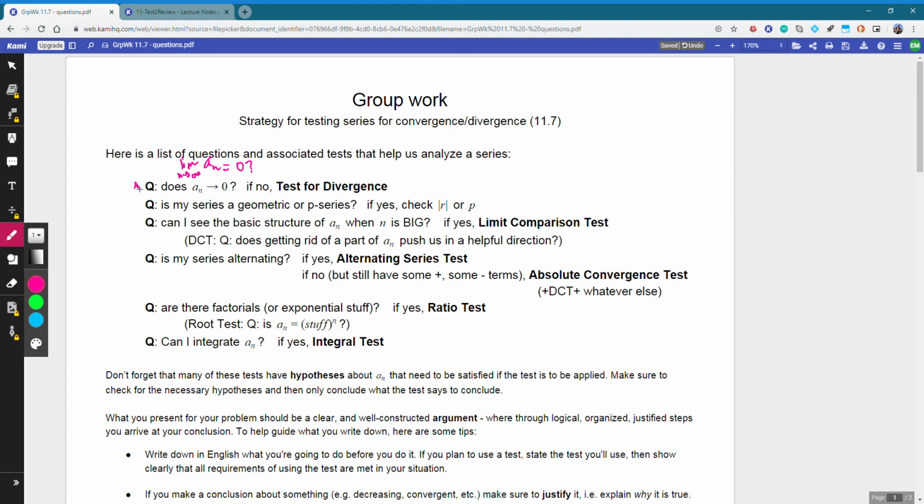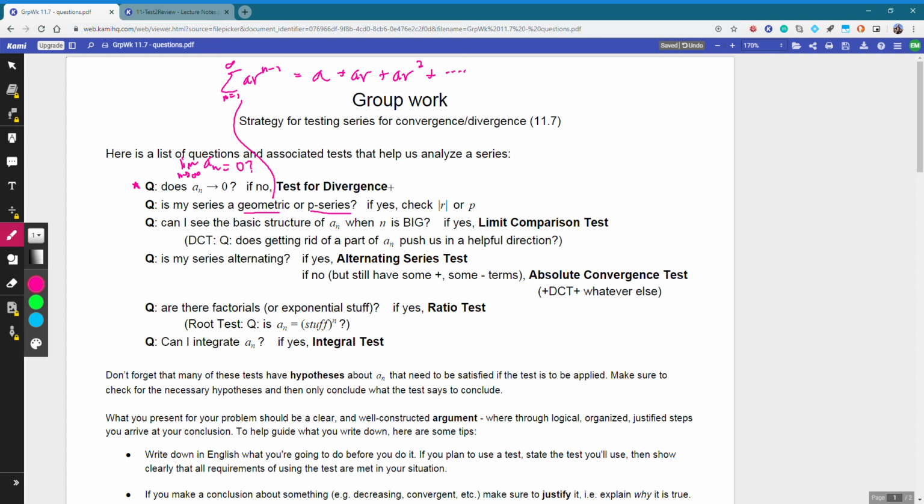All right, so that's the first question to start with. Next, is the series something that we actually just know about? Is it literally just a geometric series or a p-series? And recall the idea with both of these. Geometric series are series that look like the sum from n equals 1 to infinity of a r to the n minus 1, where we have some starting term and then our following terms just come from multiplying by r.